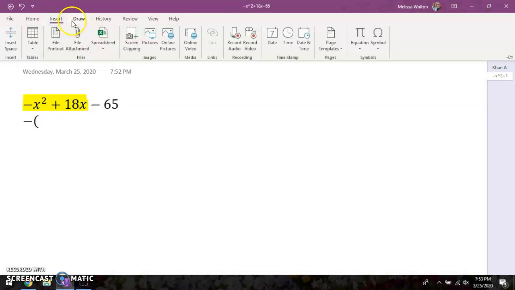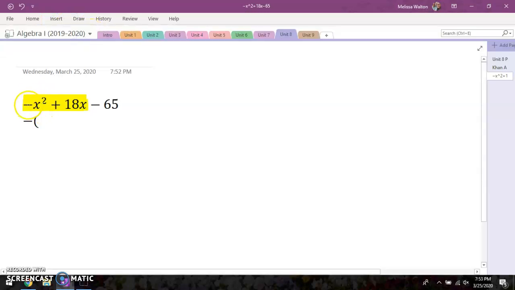If I divide out a negative, I would be left with x squared. If I have 18x and I divide that by a negative 1, that is negative 18x. And then I'm going to leave my blank here, and finally, I still have a minus 65, and I'm going to leave my blank out here.